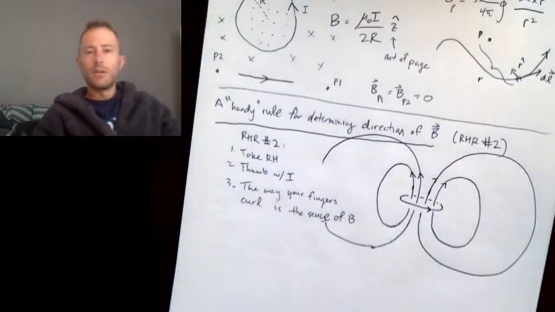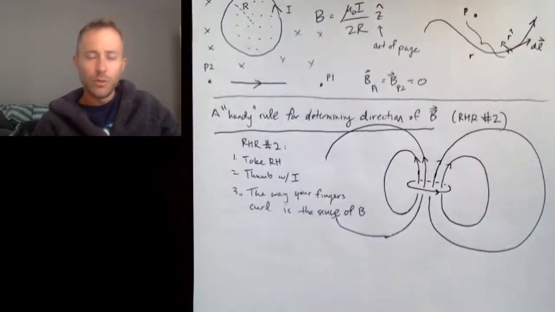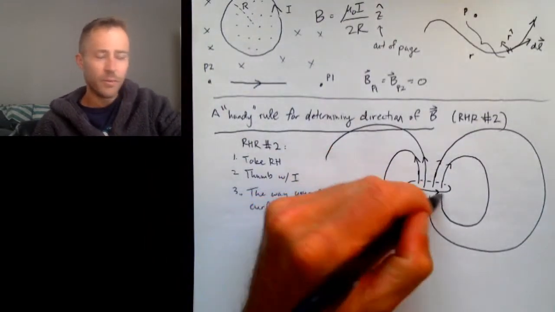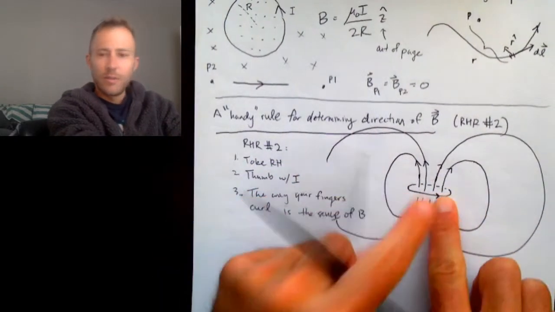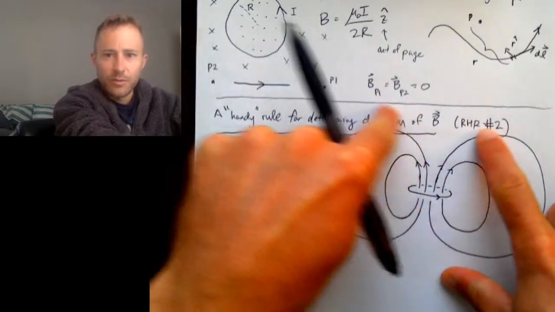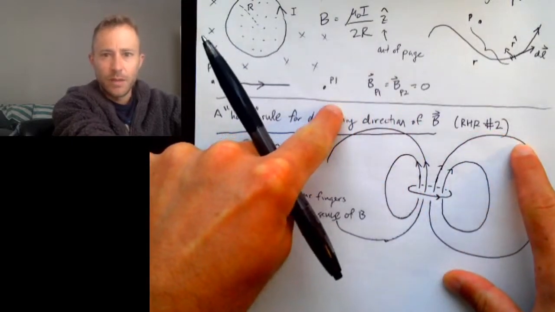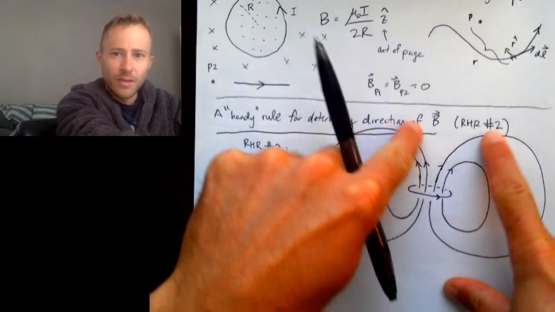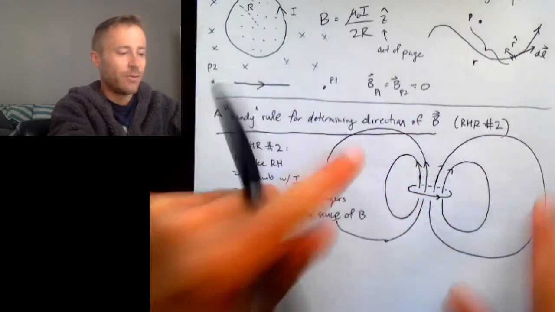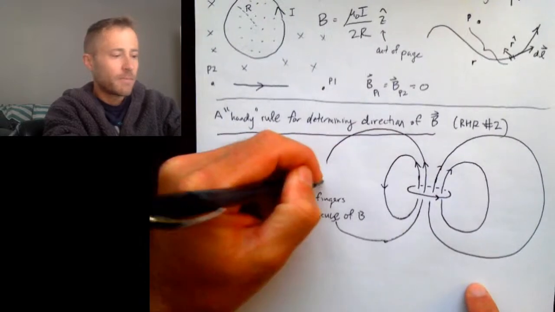All right. So if you have a loop of current, so here's the loop of current, you can see that in the center of the loop, the magnetic field is pointing out of the page. And then you can see the magnetic field lines go up, and then they curl, and then they point down. Okay?